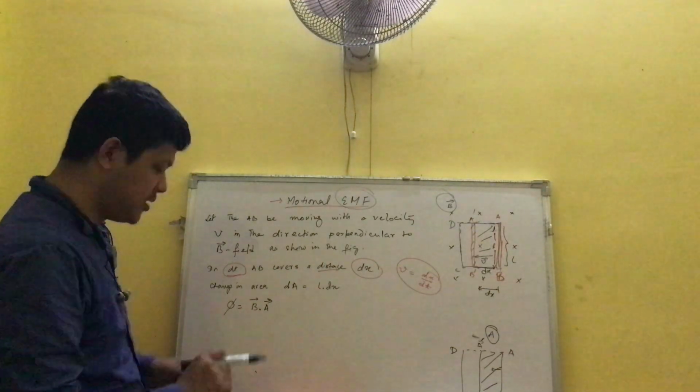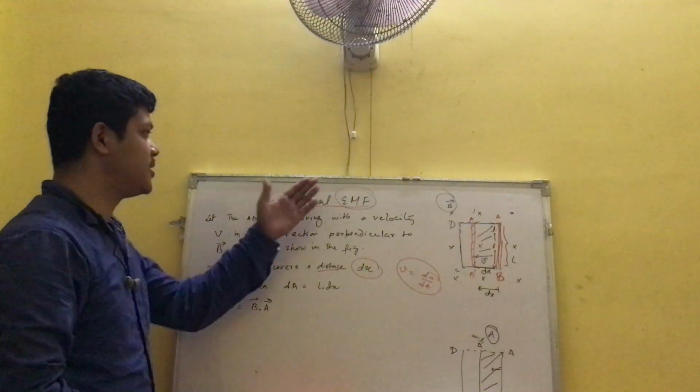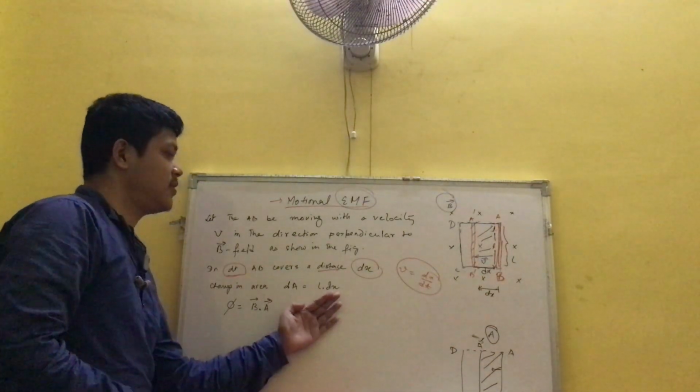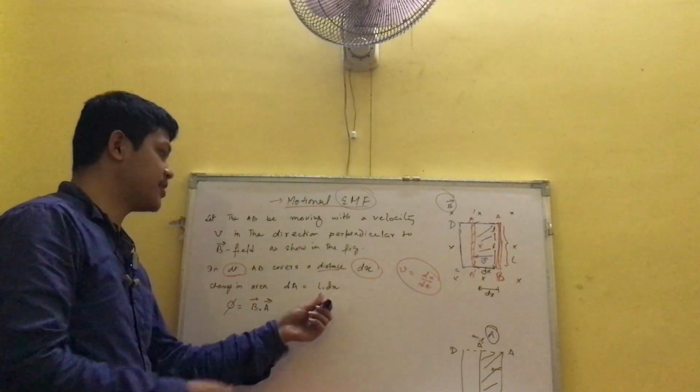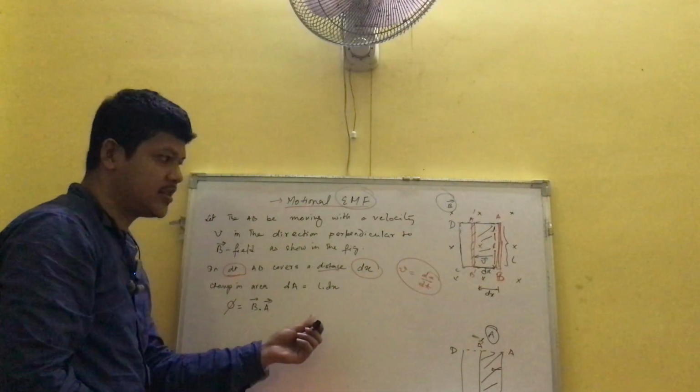Now here you see, suppose this is the surface. When you say this is a surface, this face is facing towards you, then its area vector will be towards you, perpendicular to the surface.